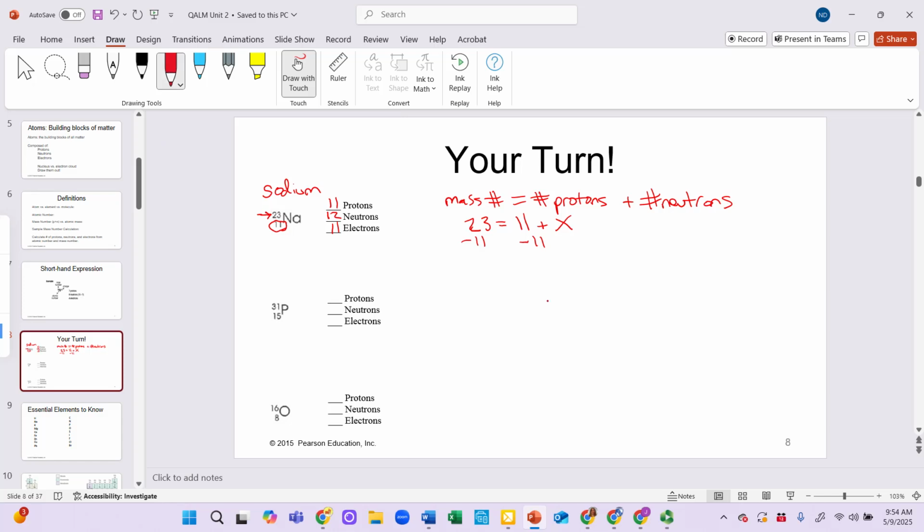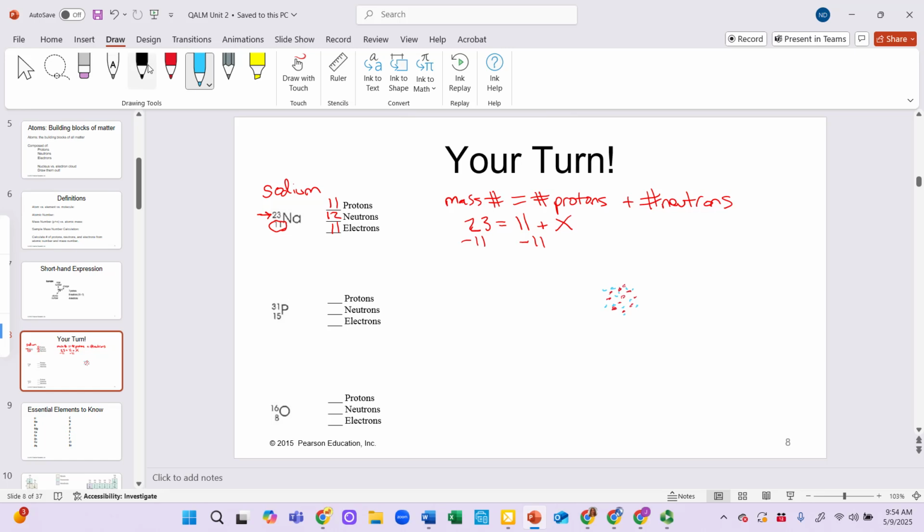So we have 11 protons, and they're going to be in the center of the nucleus. 1, 2, 3, 4, 5, 6, 7, 8, 9, 10, 11. Then we have 12 neutrons. So that's 1, 2, 3, 4, 5, 6, 7, 8, 9, 10, 11, 12.